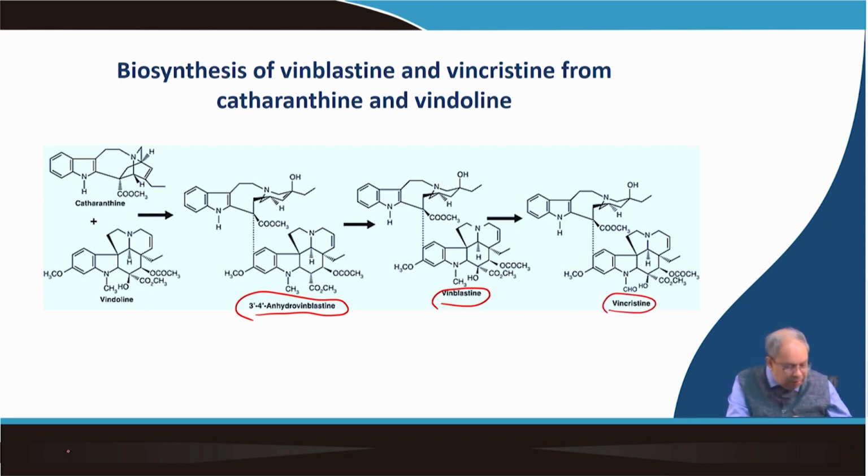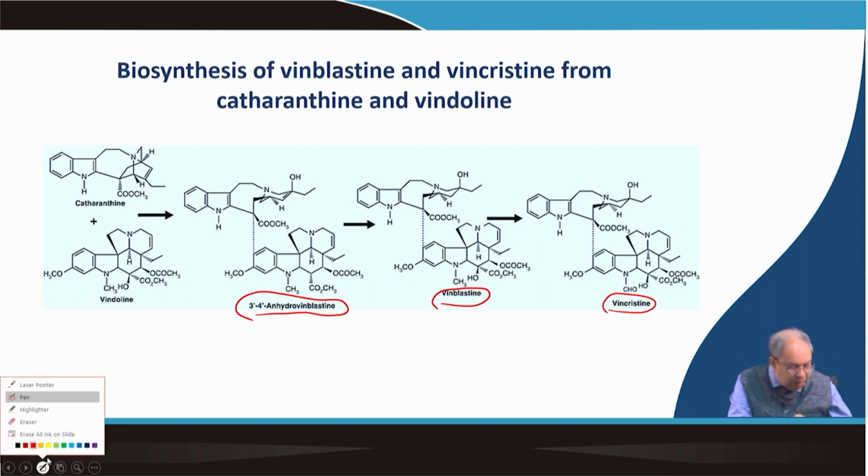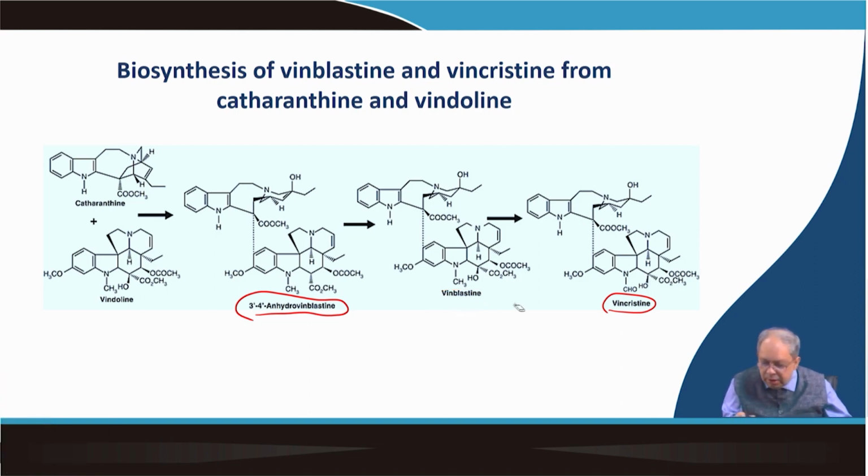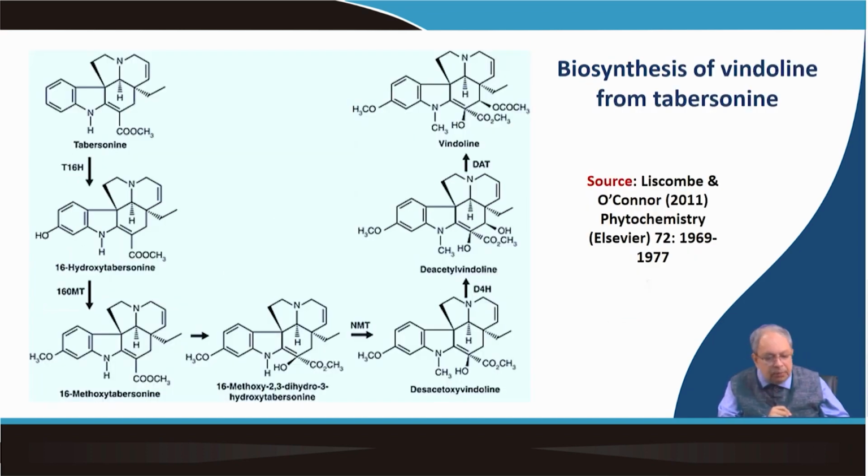Now, the difference between vincristine and vinblastine is this, that here it is CH3, which is vinblastine, whereas in vincristine this is CHO. Okay, and this also I have covered.